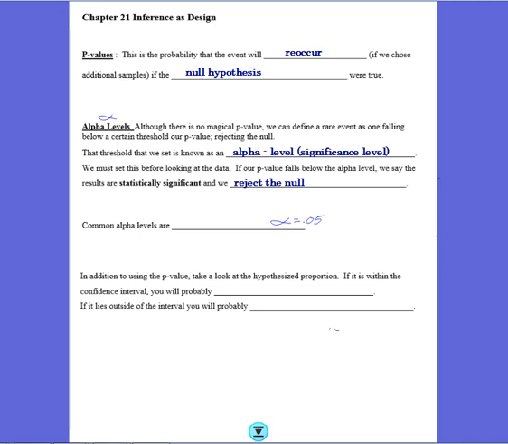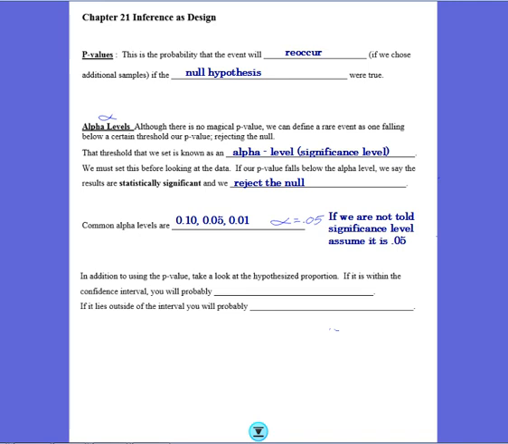And like we talked about, if your p-value falls below that alpha level, that means that we have statistically significant results and we would reject the null. Some common alpha levels that you're going to see in this class are 10%, 5%, 1%. Typically, we're going to use 5%. So if a problem doesn't specify, then you can just assume that it's going to be 5%.